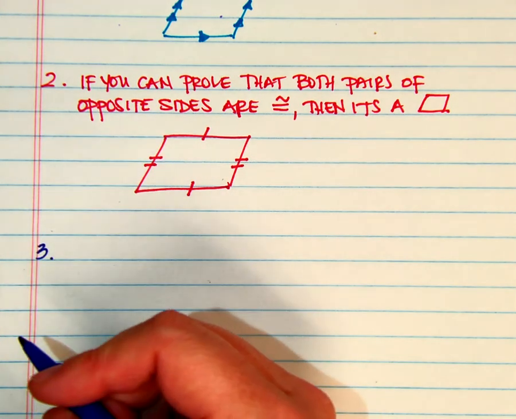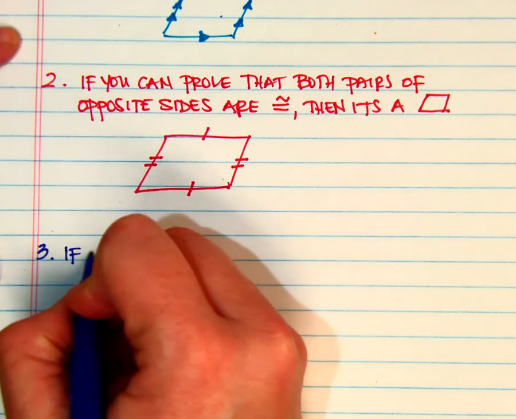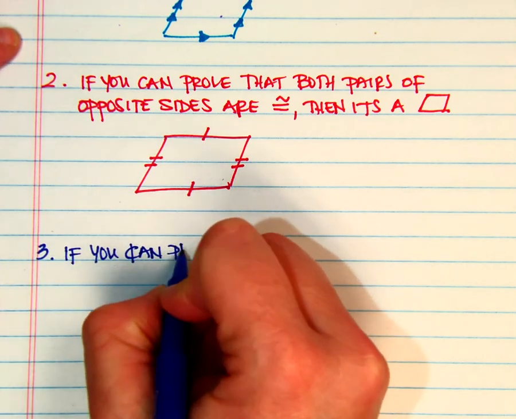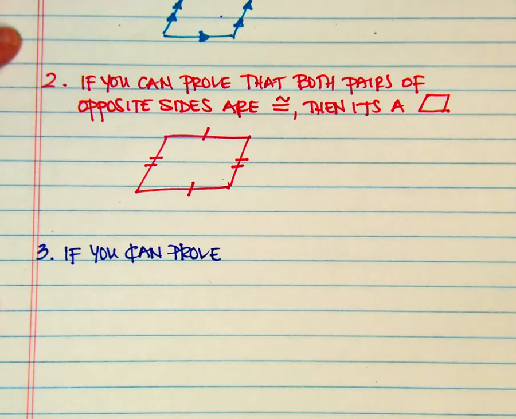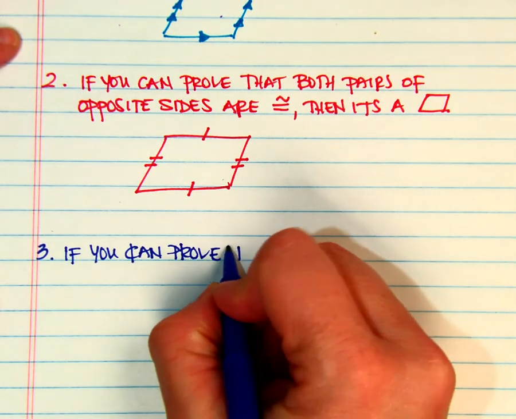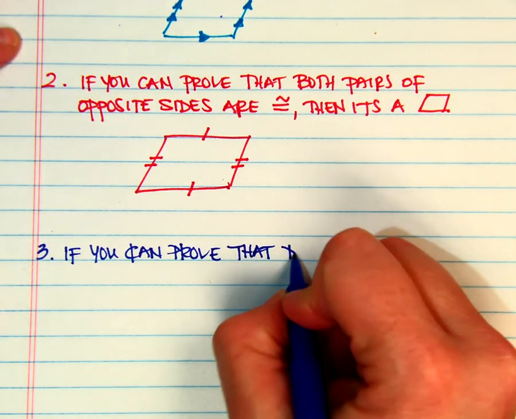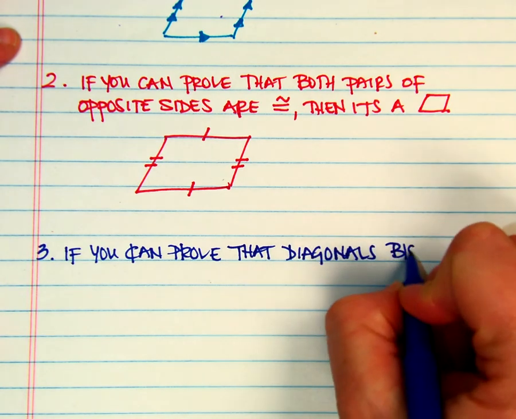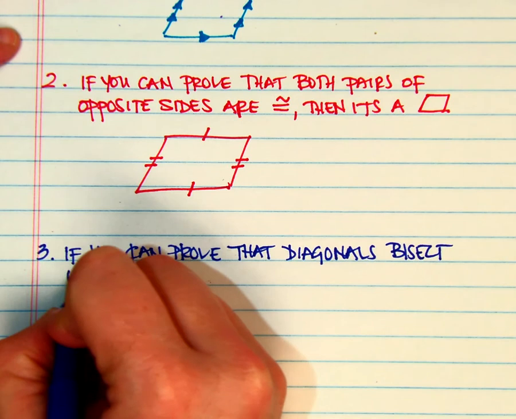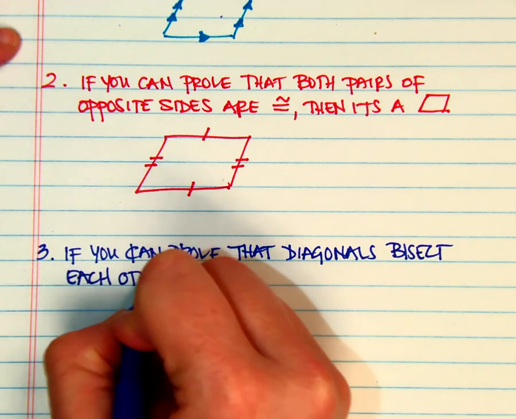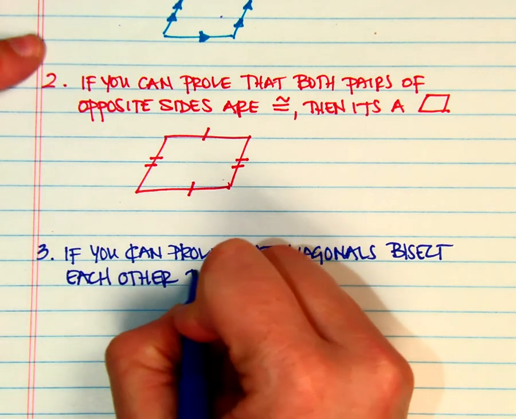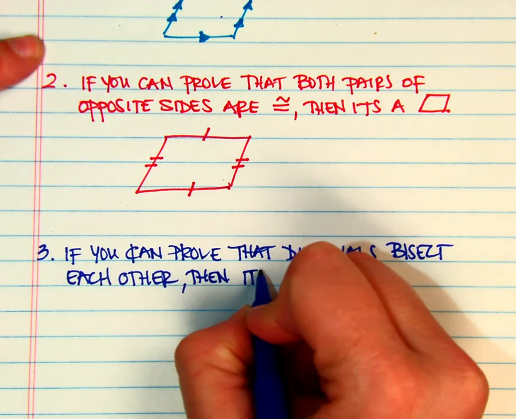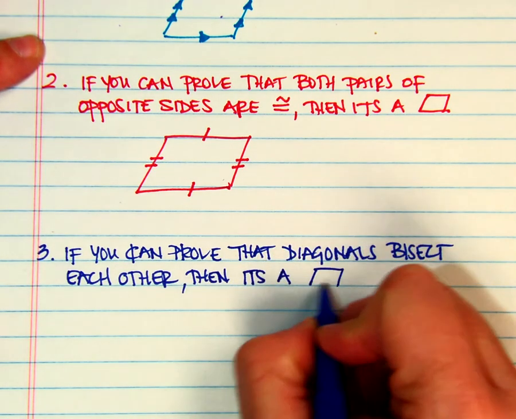The third one, if you can prove that diagonals bisect each other, then it's a parallelogram.